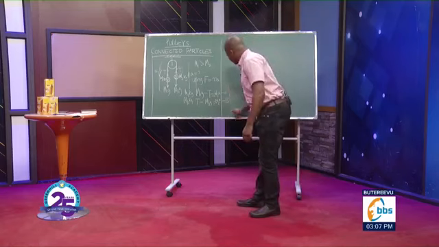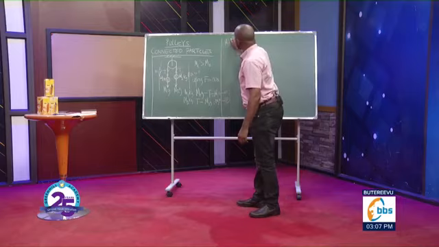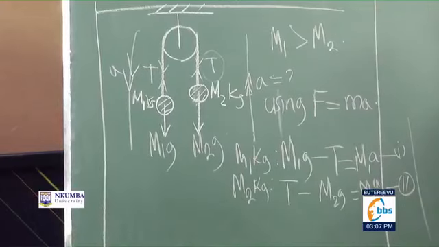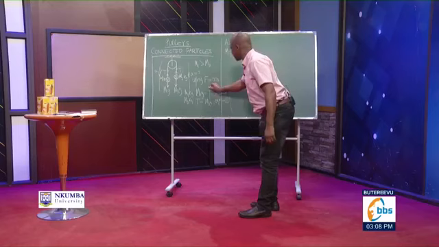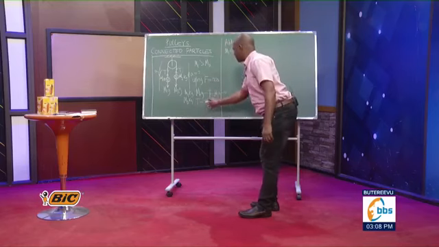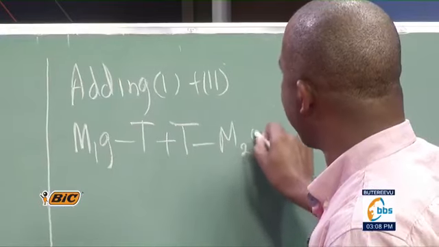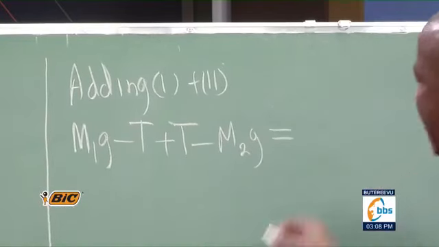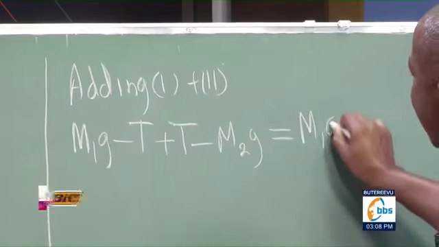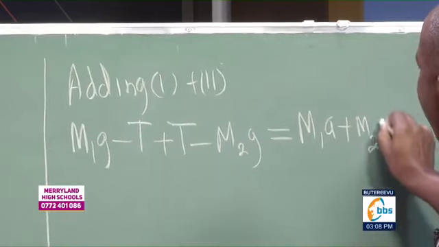If we add these expressions, we shall obtain on the left-hand side M1G minus T, plus the left-hand side of the other equation, T minus M2G, which will give us on the right-hand side, added together, M1A plus M2A.